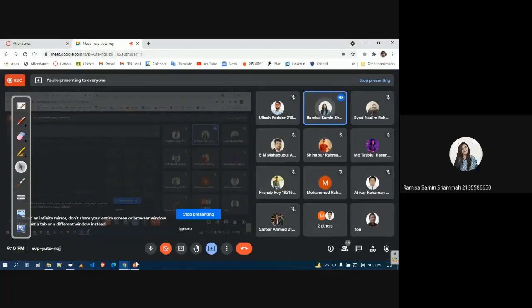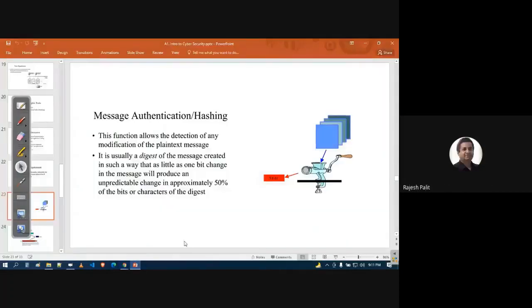Now, for message authentication code, say you have a file of one gigabyte, and this file generates a digest, say D1.